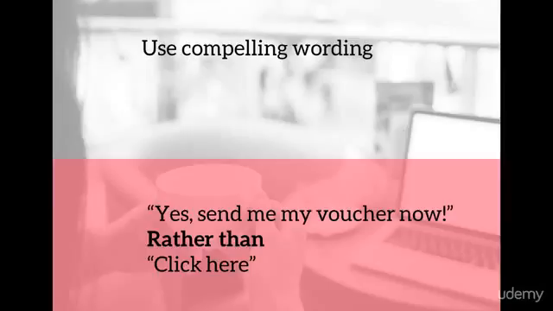You think, click here? No thanks. If you're offering a voucher, for example, change the label words into something like, yes, send me my voucher now. It makes the person feel like they're in control and that they're actively asking for the information rather than just being passive recipients of something that you're trying to push on them.